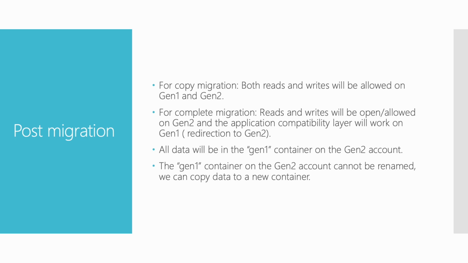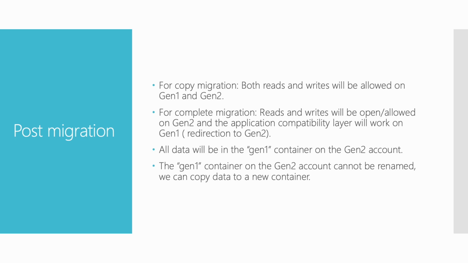If you selected the complete migration, you could do your reads and writes on Gen2 directly, or you could use a compatibility layer where you would do a read and write onto the Gen1 URI, but you'll be redirected to Gen2 internally. After complete migration, the data is always coming from Gen2, right?